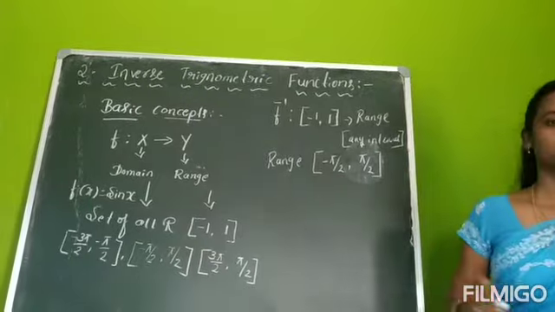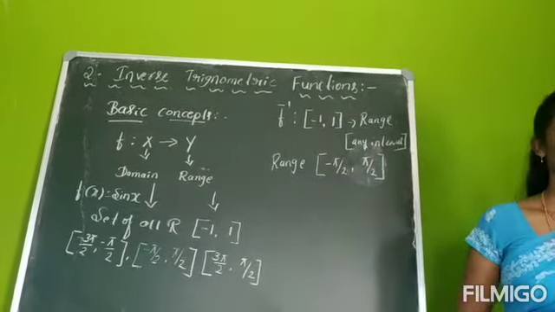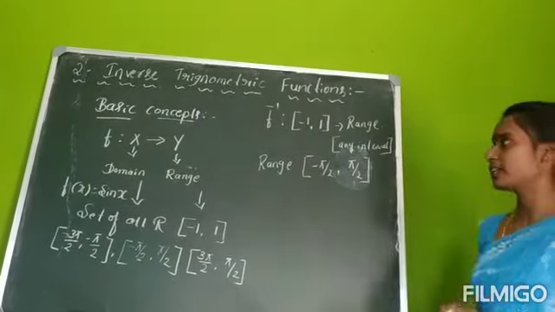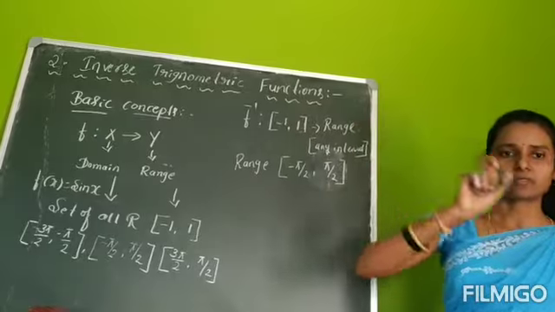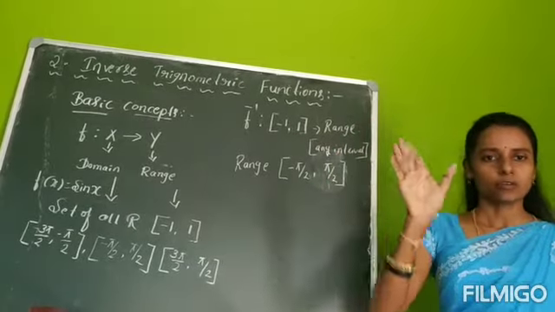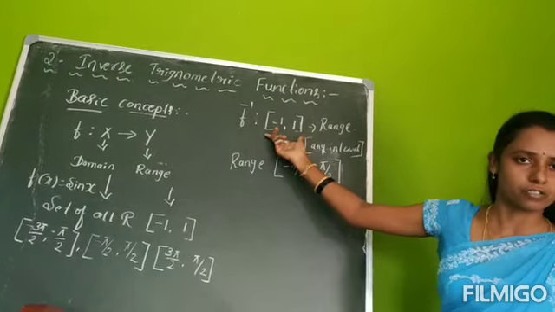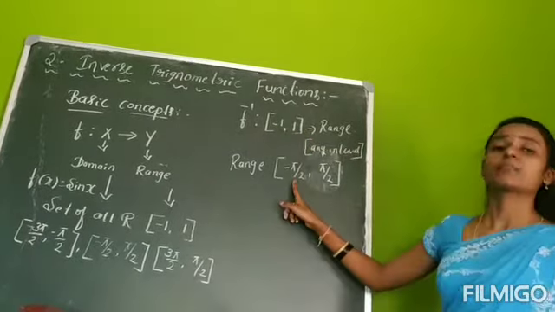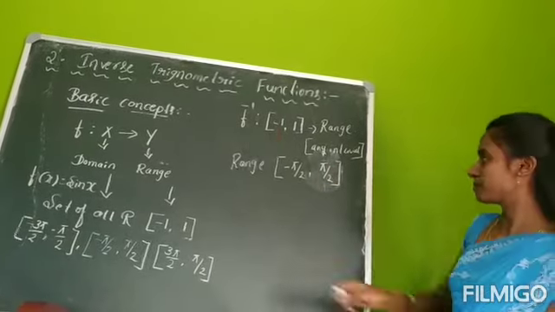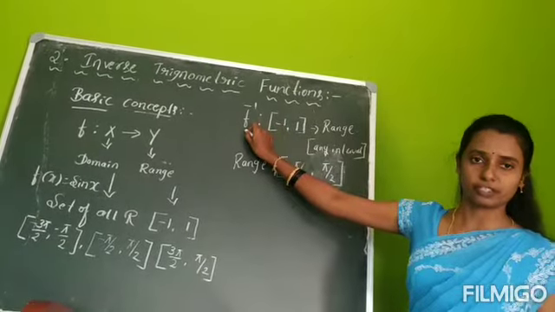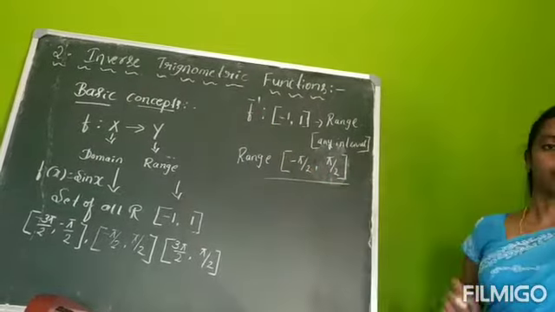This is the restricted range for sine inverse, whereas the domain is minus 1 comma 1. Why? Because all the sine values from 0 to 360 degrees belong to this closed interval minus 1 comma 1. But the range is minus pi by 2 comma pi by 2, because the sine inverse function is onto in this interval.